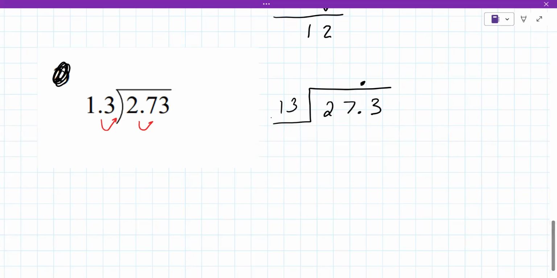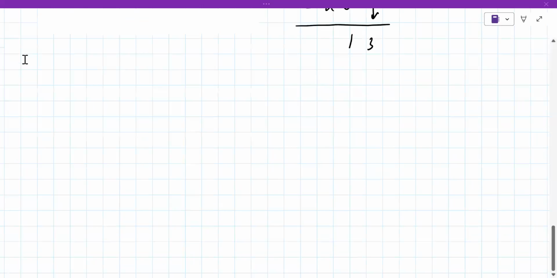That's hopefully what you're asking yourself. 2 times. 2 times 13 is 26. So 2.1. 2.1, good. All right, let's try one more of these before we move on to another potential topic.